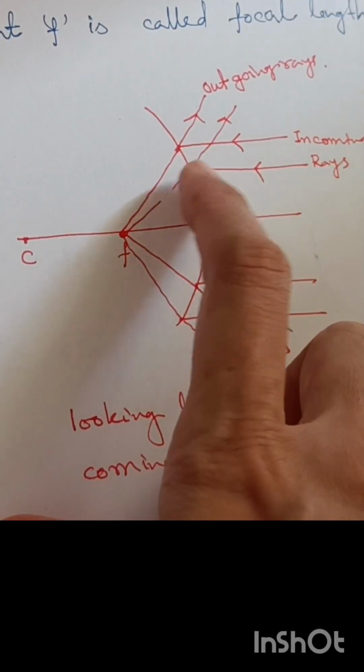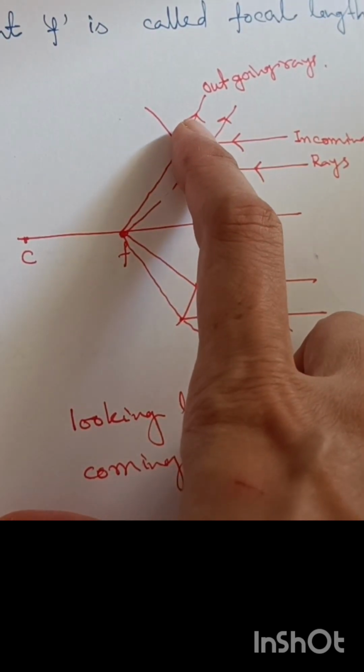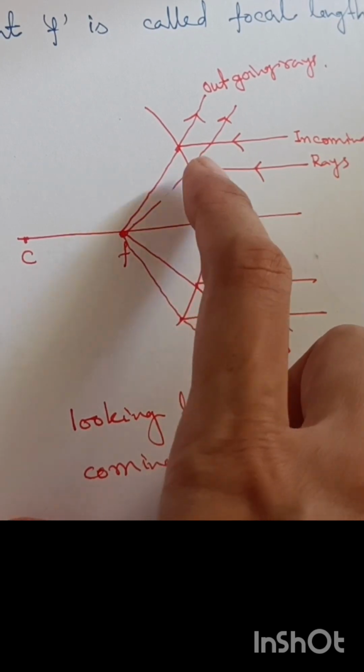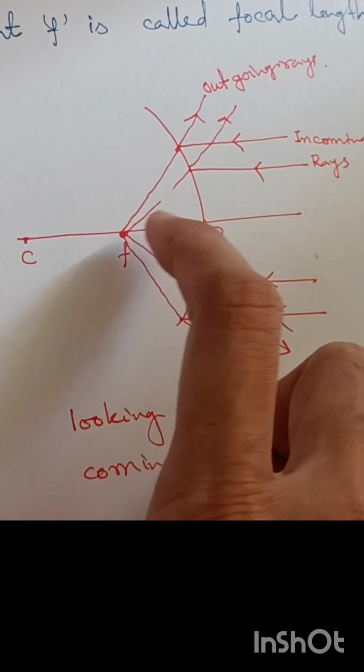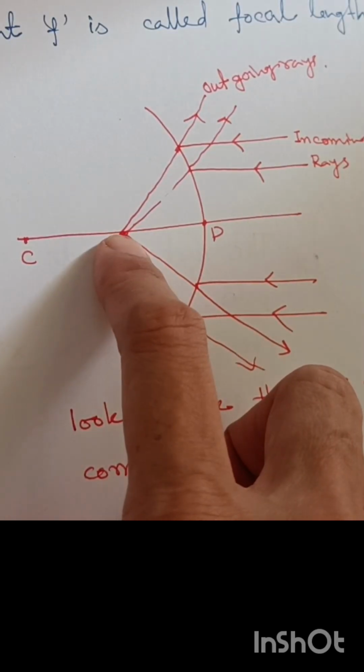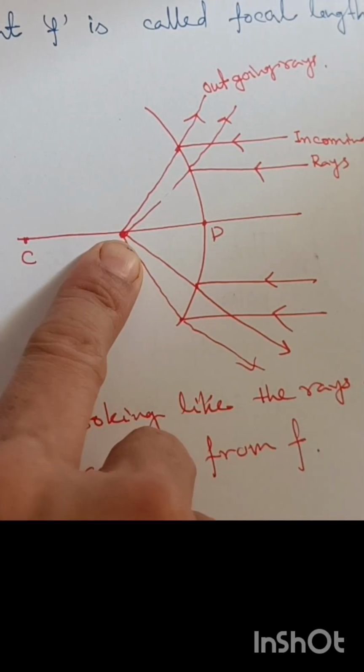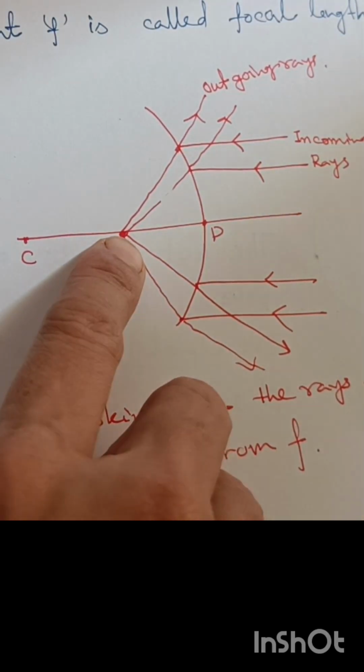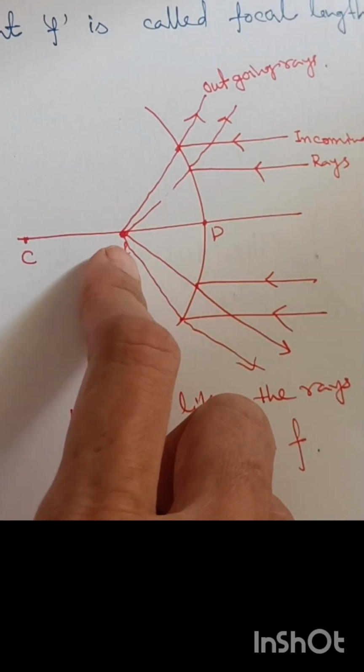When we imagine the rays extended to the other side of the convex mirror, they will meet at a point on the principal axis, inside the convex mirror.